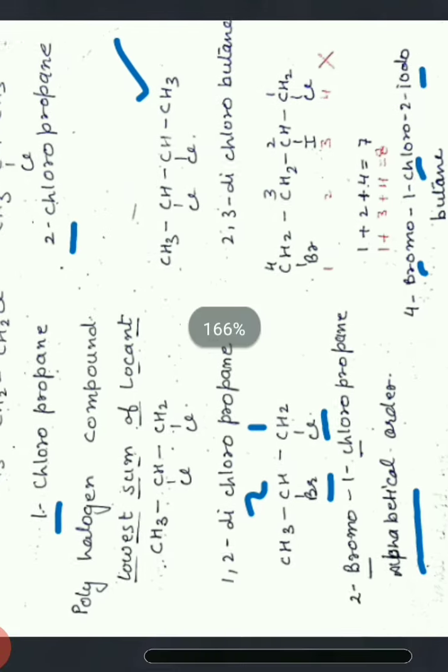Poly means where there are many halogens present. So try to follow these rules and practice naming different halogen compounds very thoroughly, as this is the basis of your understanding of organic chemistry. You are not confined to nomenclature only, you have to go further to reactions and reaction mechanisms as well.